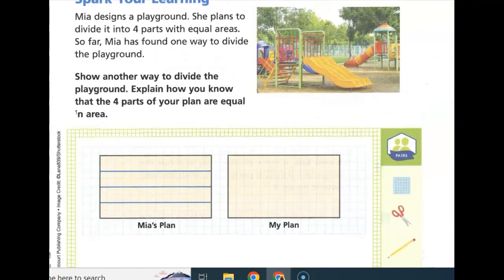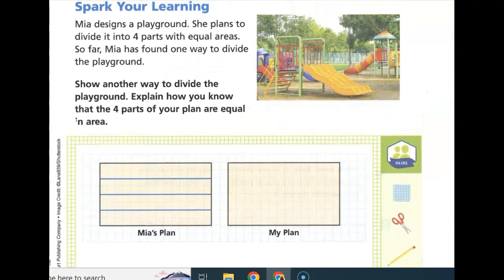Okay, so you're going to work for a little bit and divide this one that says my plan into 4 equal parts. Okay, so we had a little trouble because some people tried to divide it using vertical lines, and there's 14 squares, and that's not divisible by 4, so we can't do that.